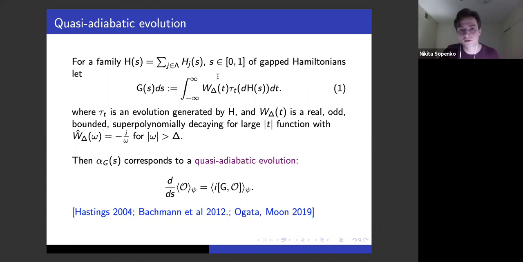And the point is that this function that appears here in the integral is super polynomially decaying. So we cannot make it exponentially decaying, for example. So this is the fastest possible decay that we can do to construct such Hamiltonians.